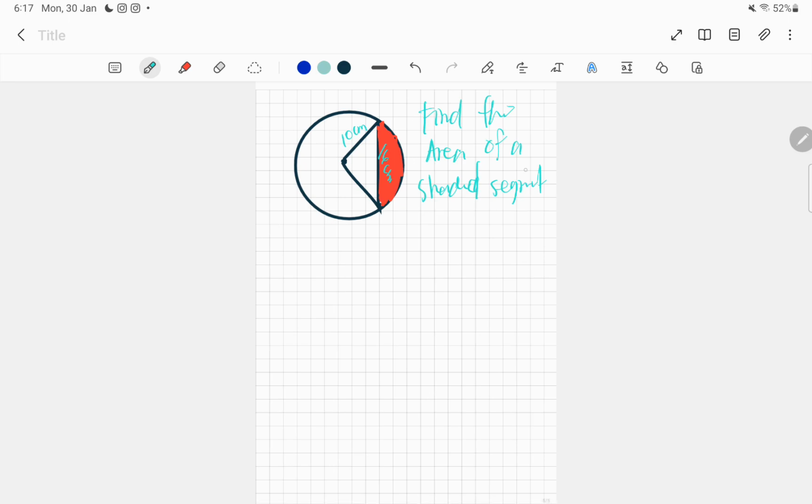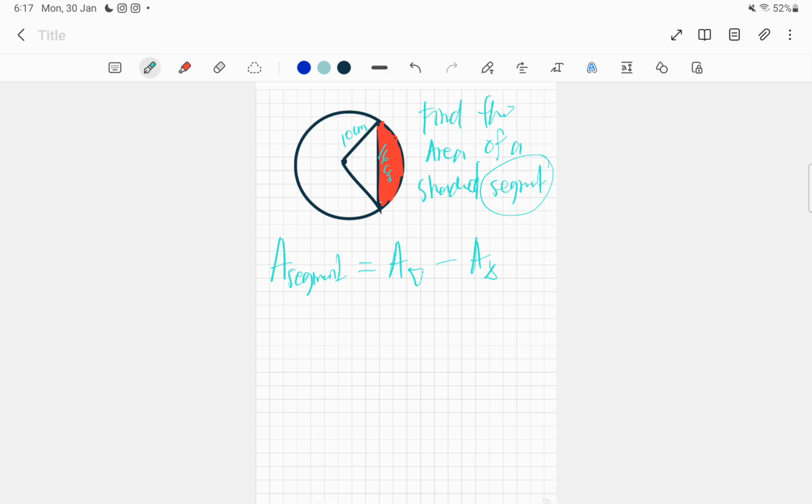So, since na-mention sa formula yung segment, yung formula natin sa segment is area ng segment is equal to area ng sector minus area of a triangle. Okay, so for example, dito sa given natin, meron tayong radius na 10 cm and meron tayong measure ng chord na 16 cm. Okay? So, paano natin isa-solve kapag ganito lang yung given?